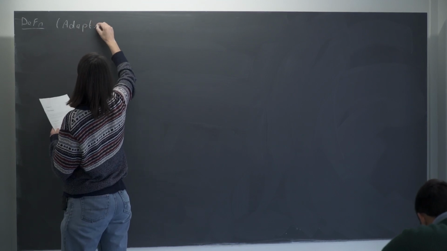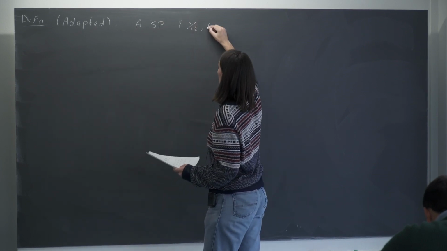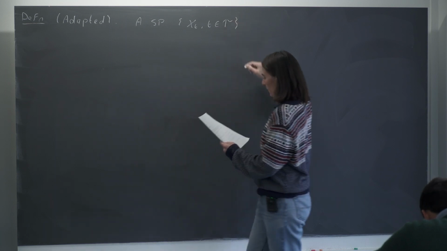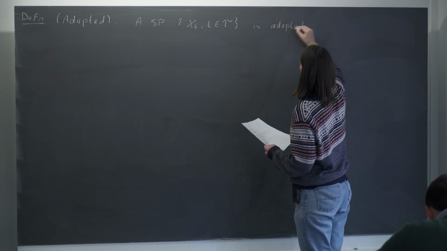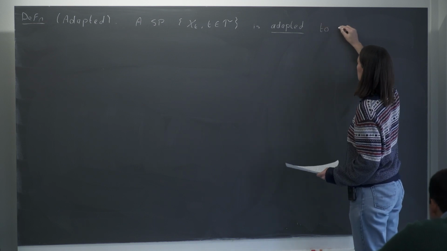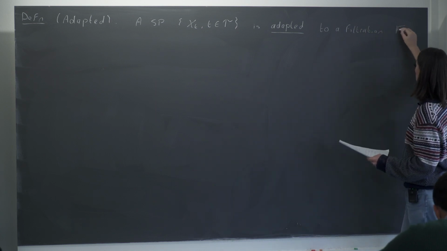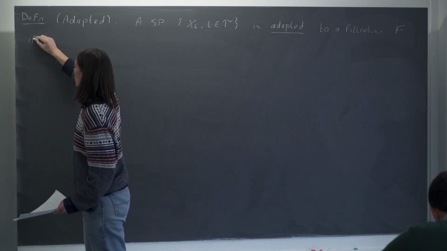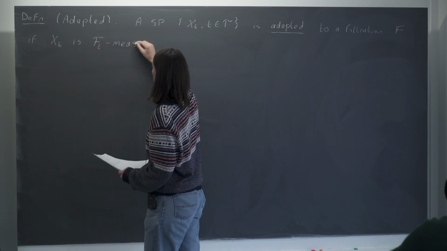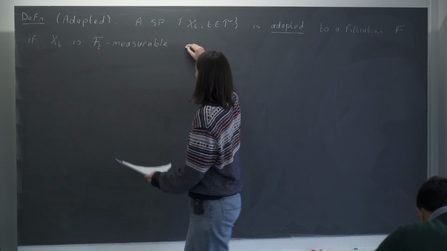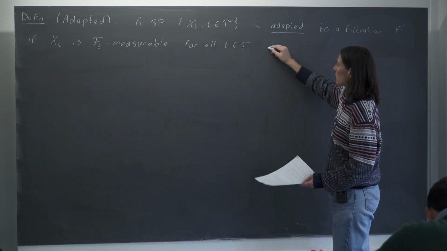This next one is adapted. So a stochastic process X_t for t in some indexing set T is adapted to a filtration F if X_t is F_t measurable for all t in our indexing set, i.e. what does that mean?